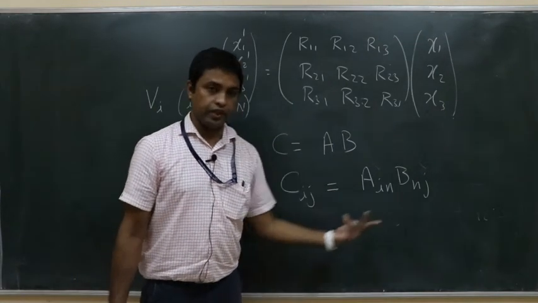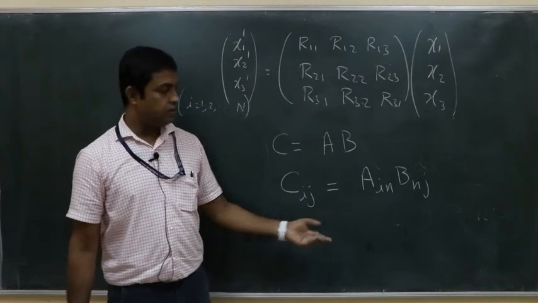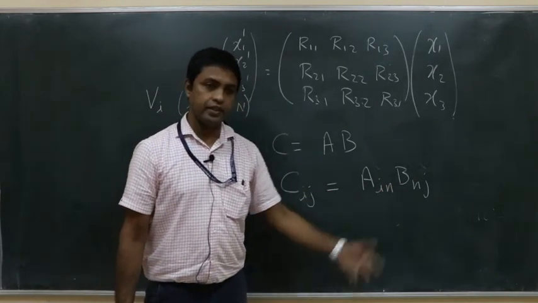I and j are free. How many dummy indices? One. That is n is the dummy index.